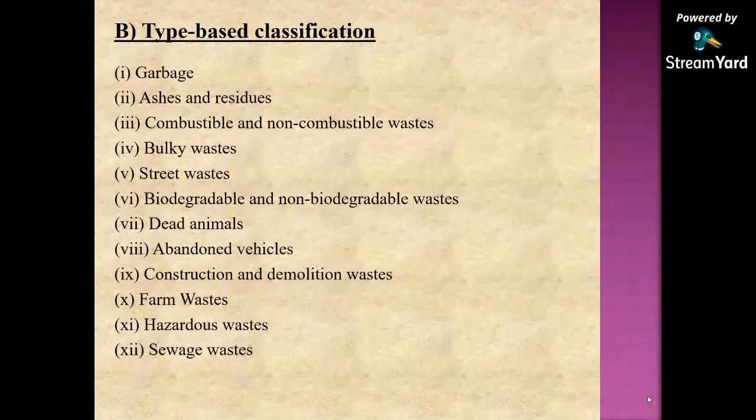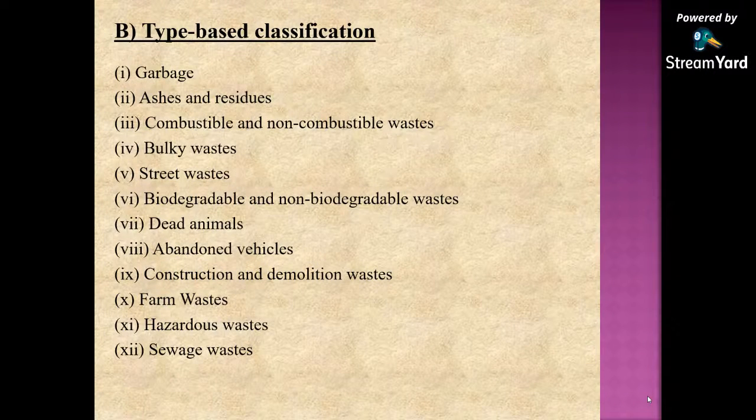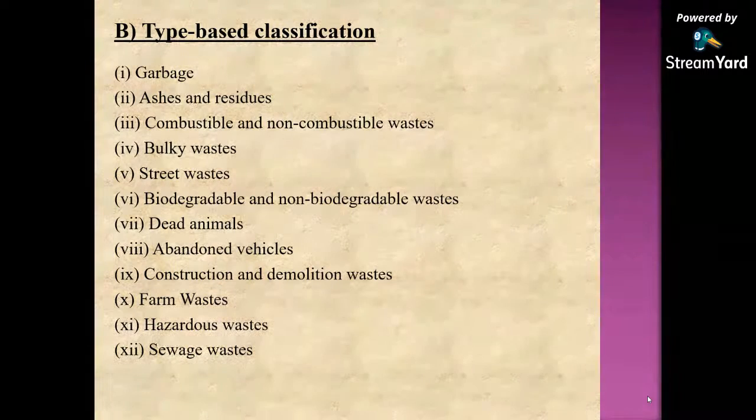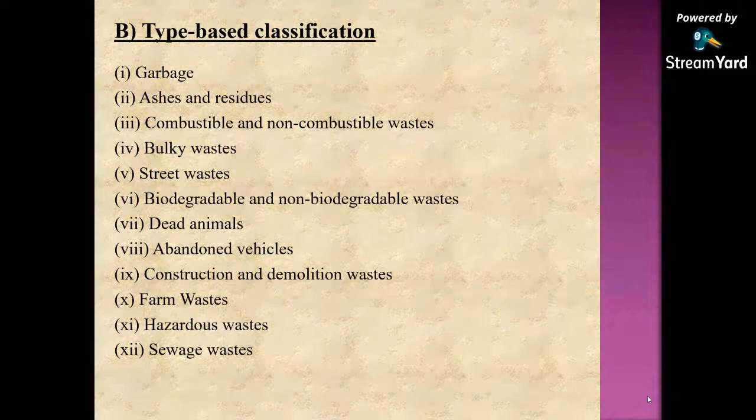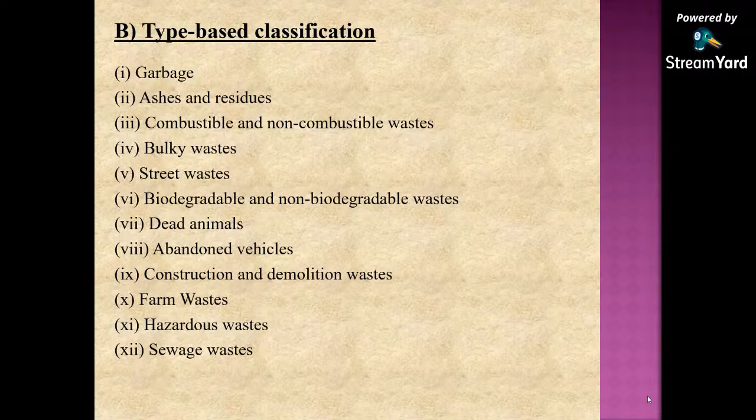Next, type-based classification is dead animals. With regard to municipal waste, dead animals are those that die naturally or are accidentally killed on the road. Note that this category does not include carcasses and animal parts from slaughterhouses.